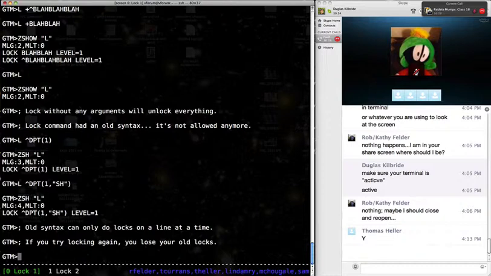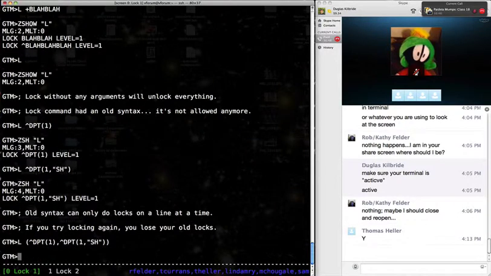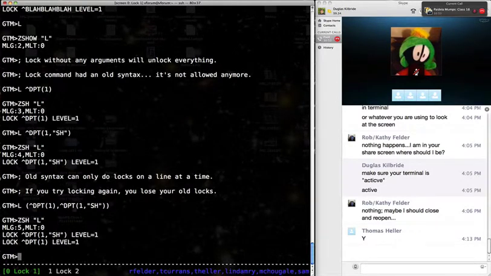So how did those people who actually used the old syntax do multiple locks on multiple nodes? What they did was something like this. To lock multiple nodes, you just put multiple locks with a comma between parentheses. And here you are.